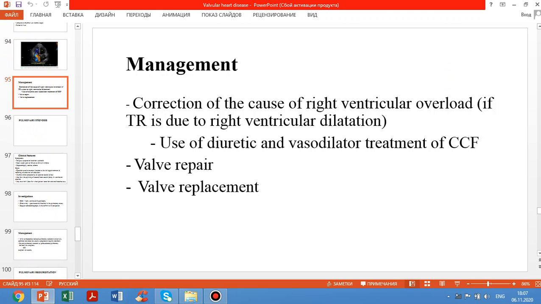Management: correction of the cause of right ventricular overload if tricuspid regurgitation is due to right ventricular dilation. Use of diuretics and vasodilators, treatment of congestive cardiac failure, valve repair or valve replacement.